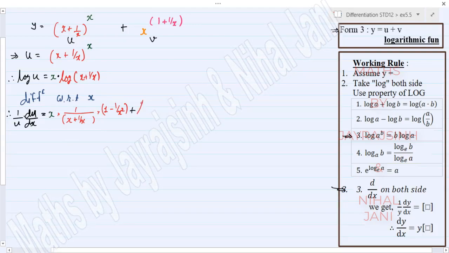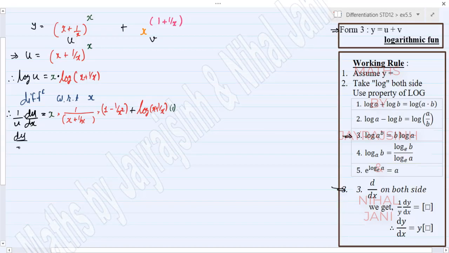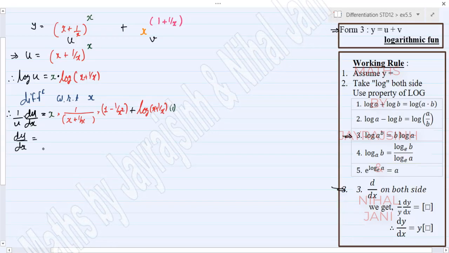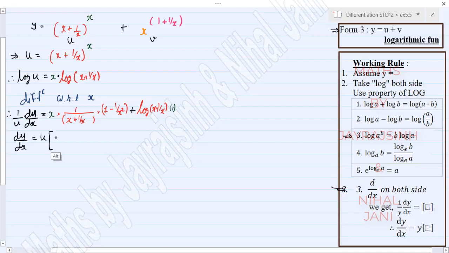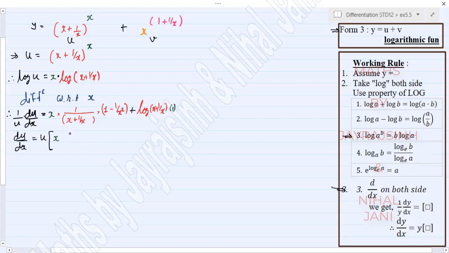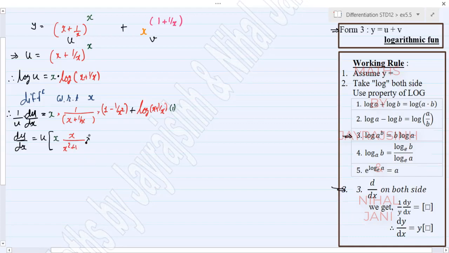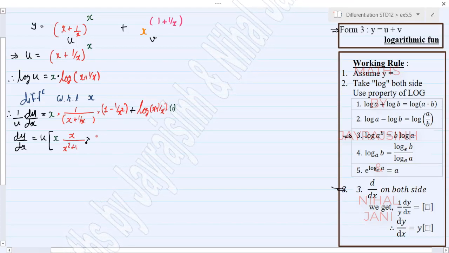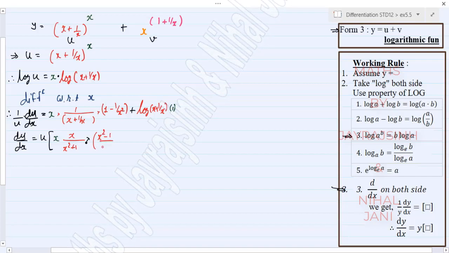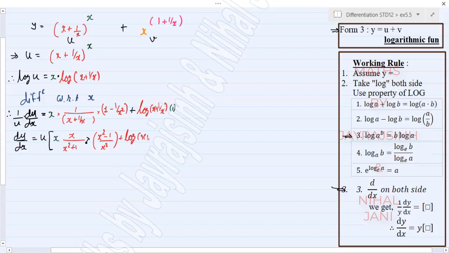plus your log x plus 1 by x will be as it is. We just have to differentiate your x, which is 1. So we can say your du by dx is simply u into, let's say x will be as it is, and x upon x square plus 1 into, here we have to take the LCM of x square, so we get x square minus 1 upon x square, plus log of x plus 1 by x.